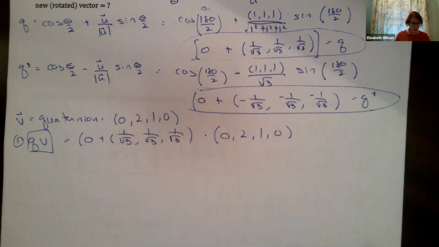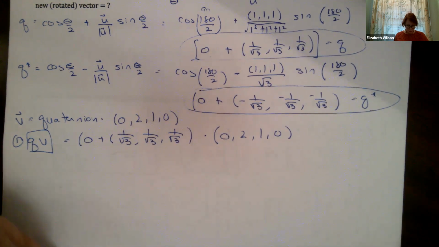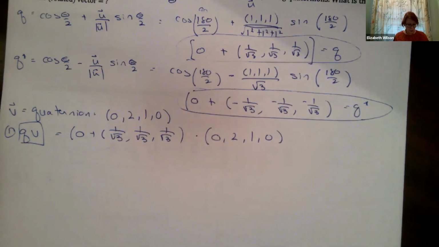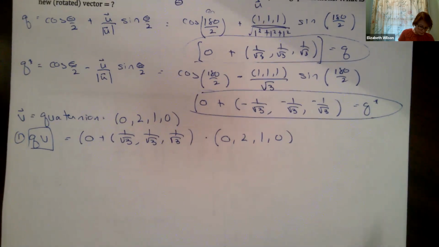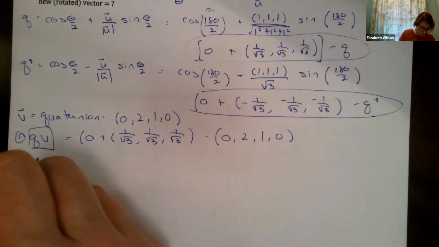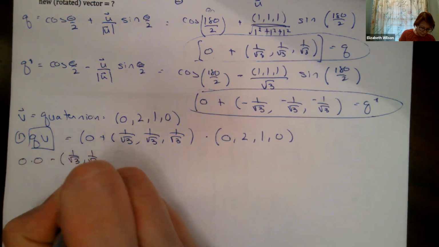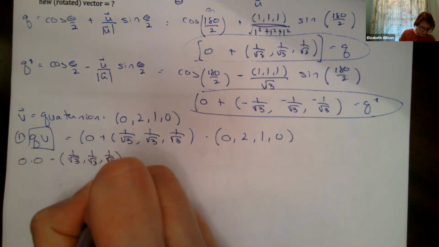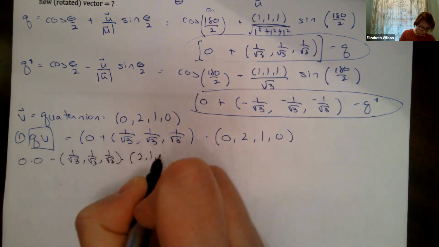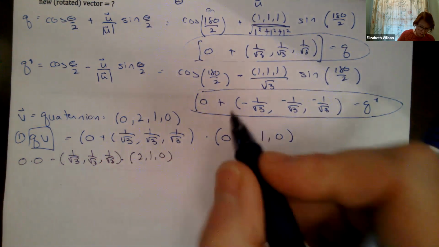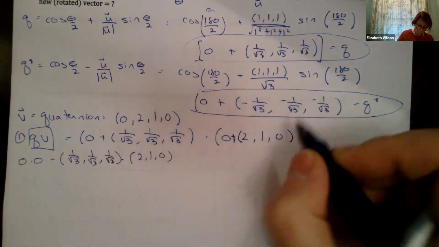All right, so let's do these in the same color scheme. What did we do before? I did purple for the scalar part. This is 0 plus.